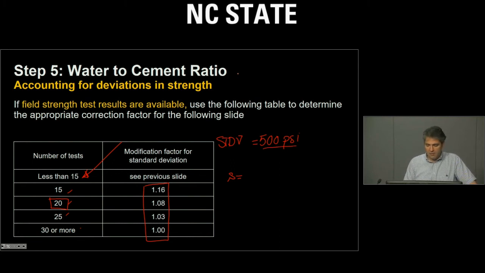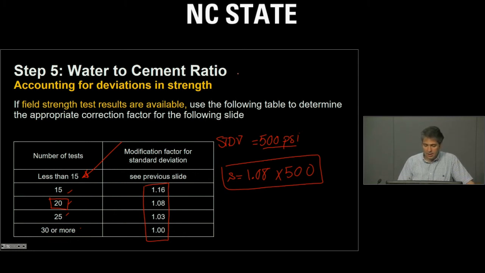I will get that 500 psi and multiply that by a correction factor and use this S in the next slide. Okay? So this S, in this case, is a corrected standard deviation.